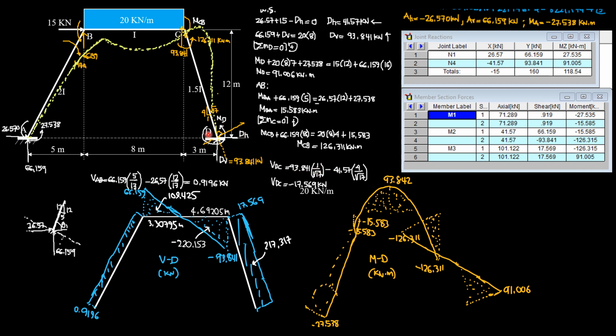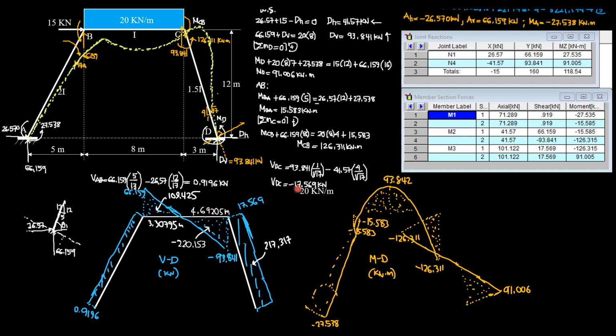The component of DH is in the negative direction, which is here, longer. So minus DH 41.57 times 4 over square root of 17.